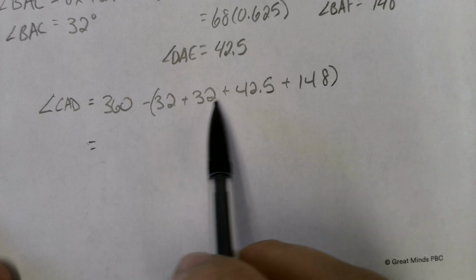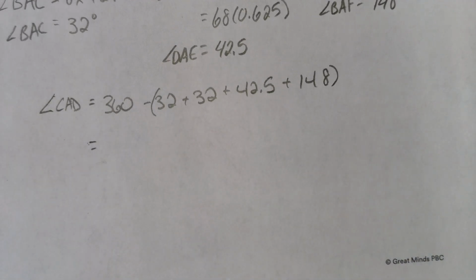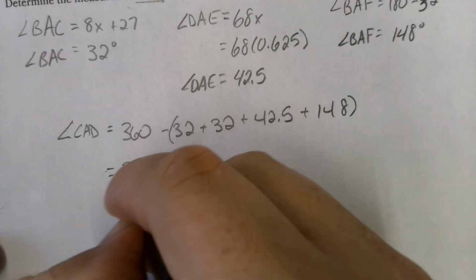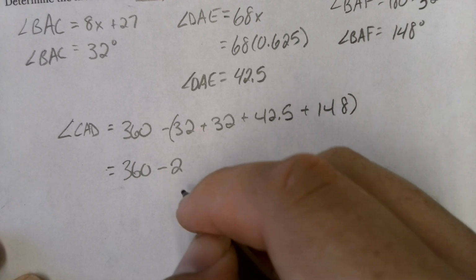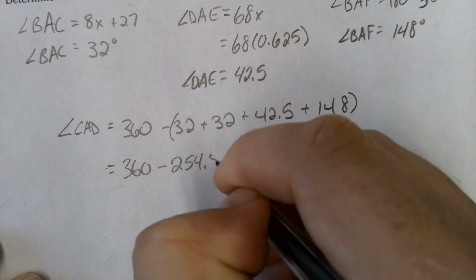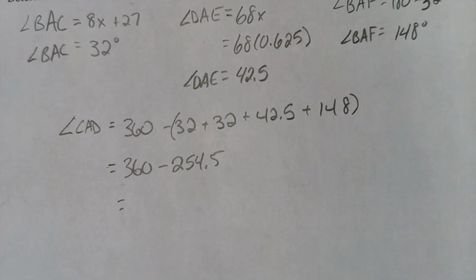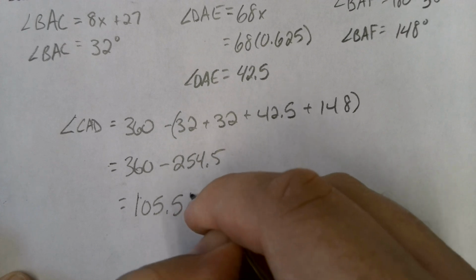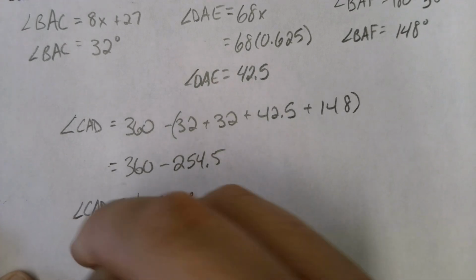So let's add all these up and subtract that from 360. When we do the math, we get an answer of 254.5. So 360 minus 254.5 gives us 105.5 degrees for angle CAD.